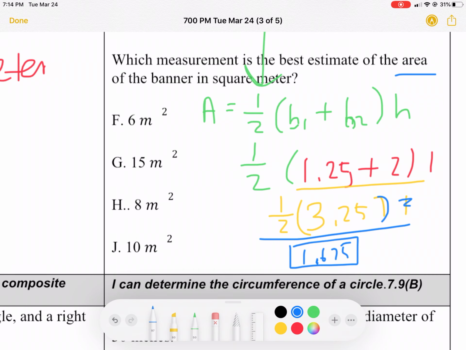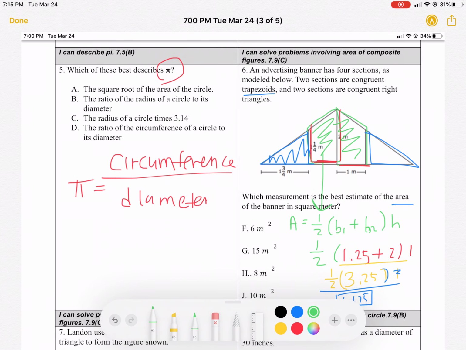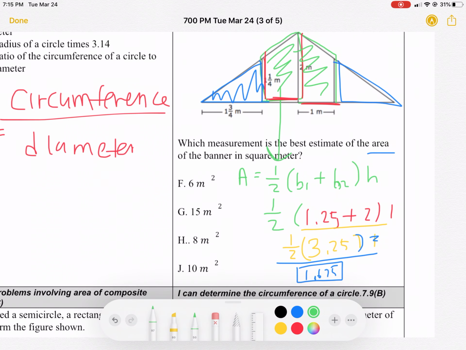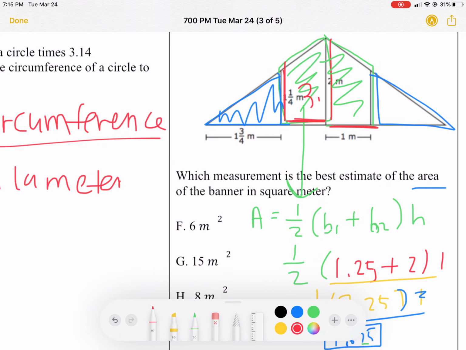But actually, you didn't even have to divide by 2 because remember we have 2 trapezoids, so it's same as 1.625 times 2. So anyways, the trapezoids combined, that is going to be 3.25 here.